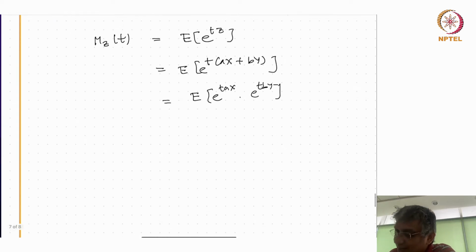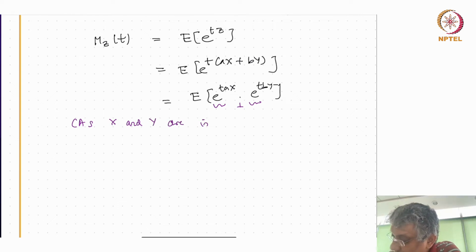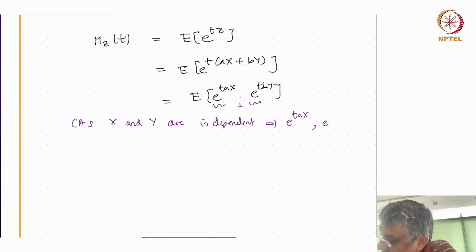Now here's the crucial fact about MGF that I'll use. This one is independent of this one because x and y are independent. So as x and y are independent, this implies that e to the tax and e to the tby are also independent.